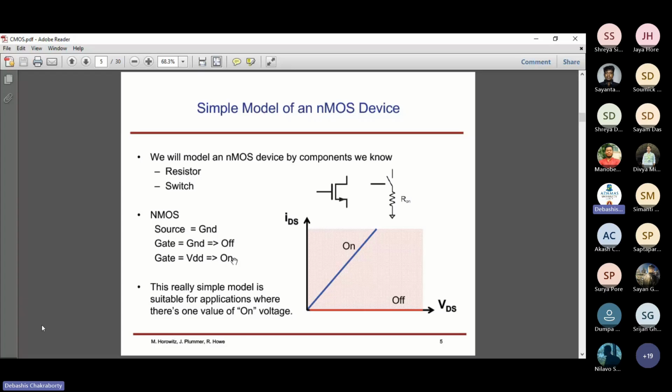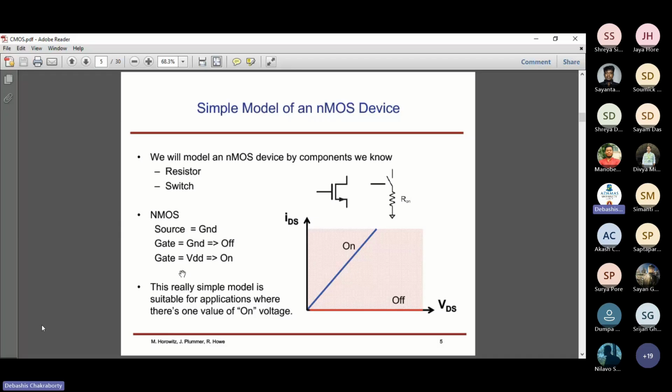So note down this particular part. For NMOS, the source is grounded, the drain is connected to VDD, and two different cases arise. When the gate is ground, that is low, low means binary 0, logically 0, the NMOS device is off.